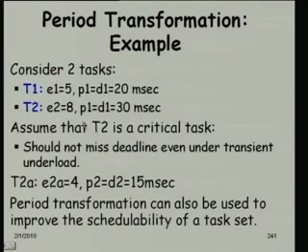So, if T1 misses the deadline, it is not a severe failure, but T2 should not miss its deadline, otherwise the robot collides and tumbles. So, this is a critical task.